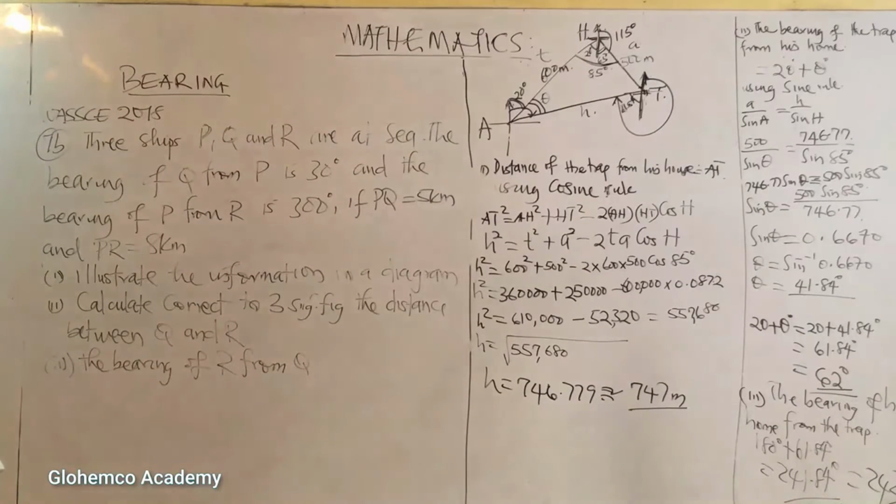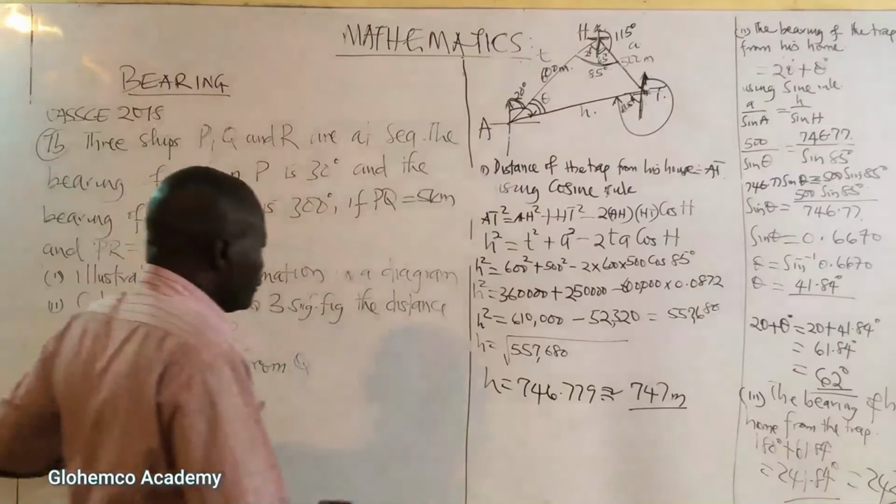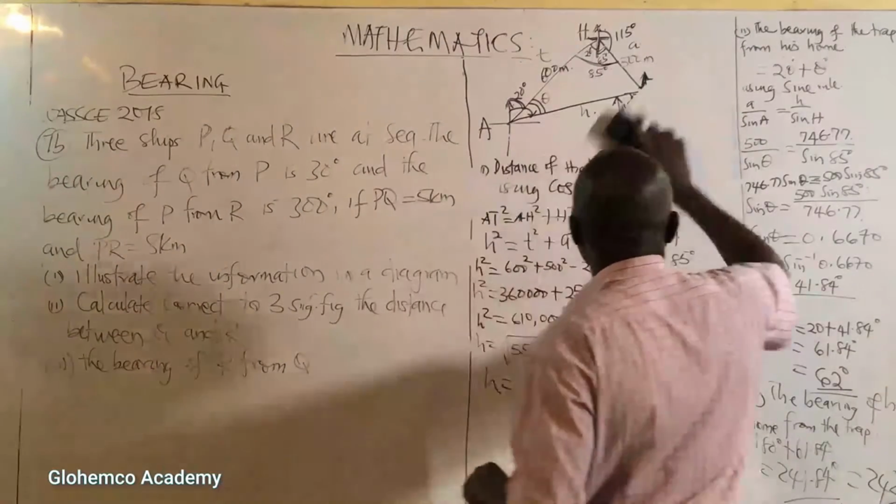If PQ is 5 kilometers and PR is 8 kilometers. 1. Illustrate the information in the diagram. 2. Calculate correct to 3 significant figures the distance between Q and R. And 3. The bearing of R from Q.